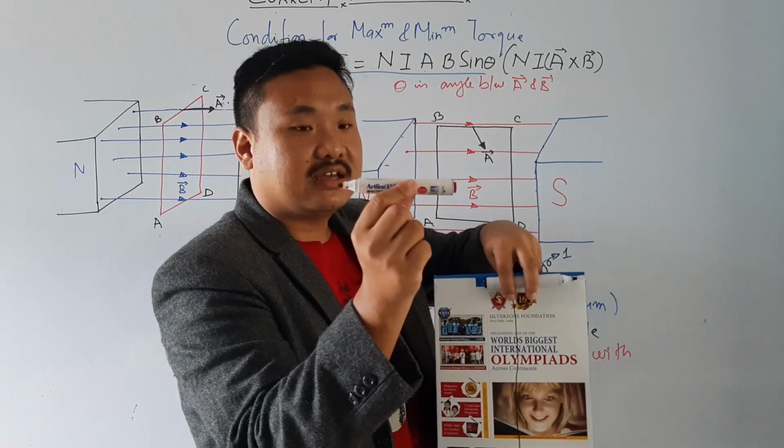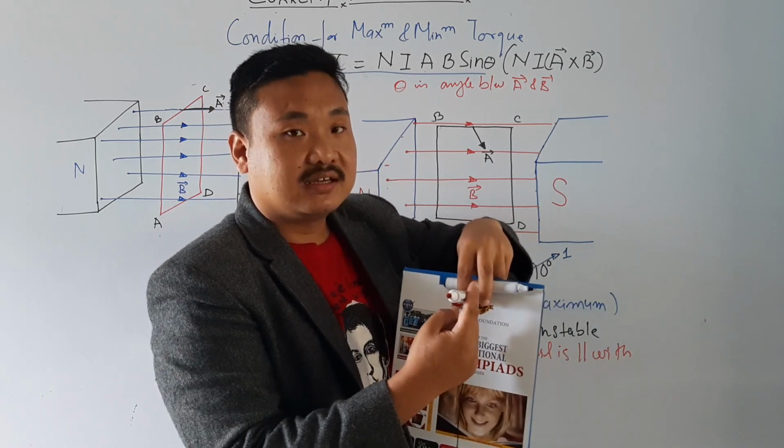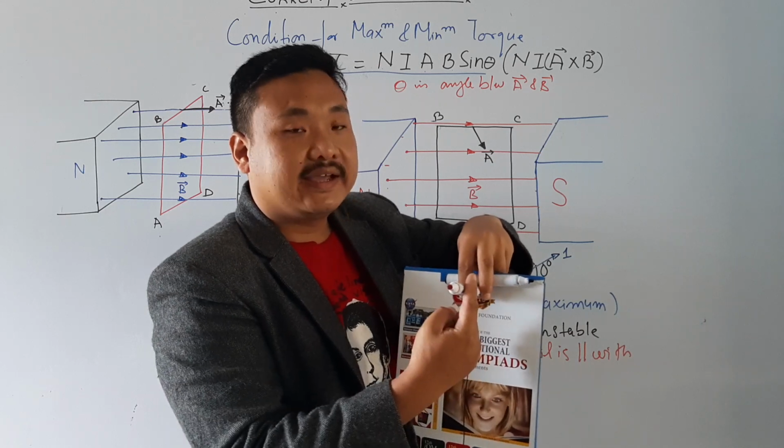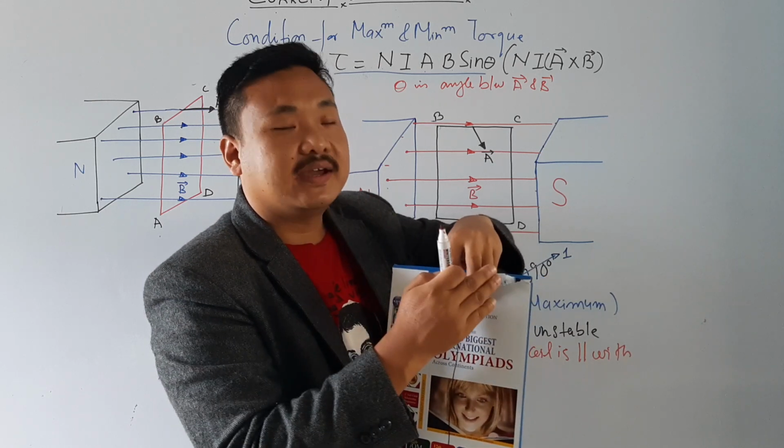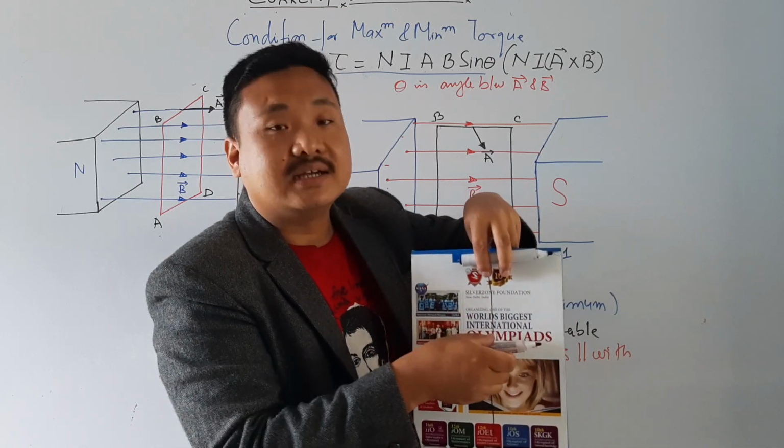So if it is area vector, it is like this. At this time it is 90 degrees, but this is the angle between the area vector and magnetic field, whereas this is with the plane and the magnetic field.